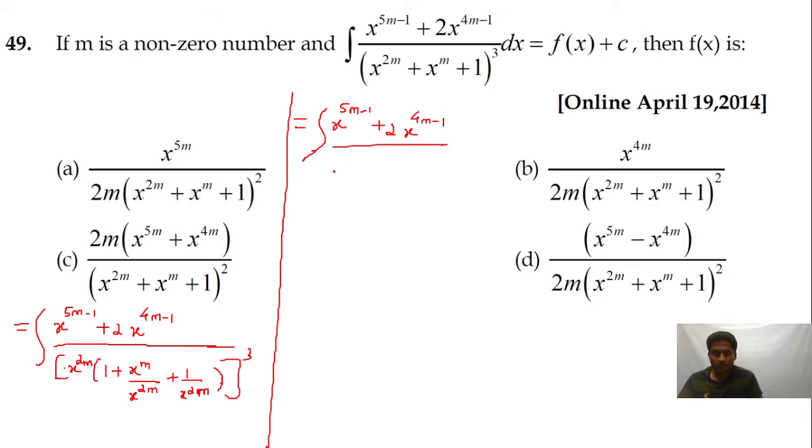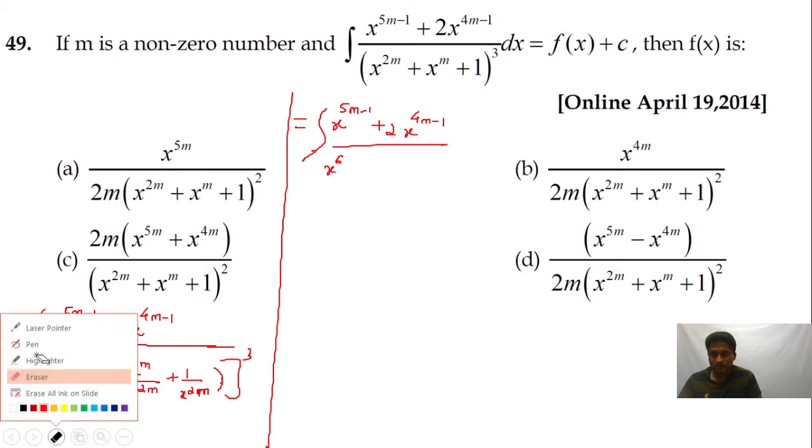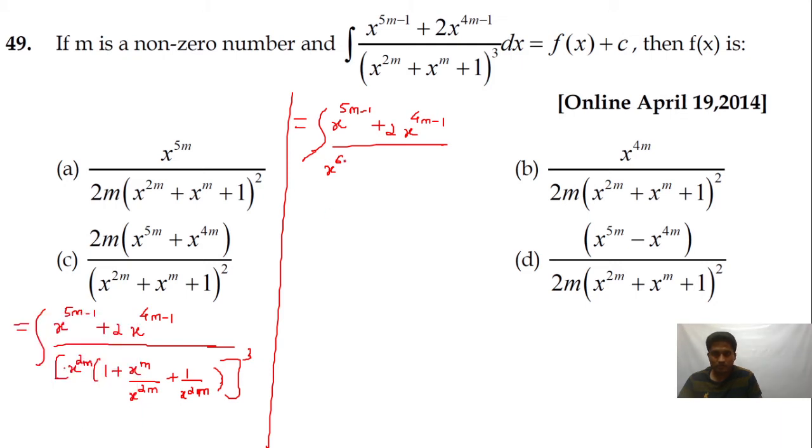X to the power of 2m, the whole cube, is x to the power of 6m. If I take whole cube, so this is x to the power of 6m.